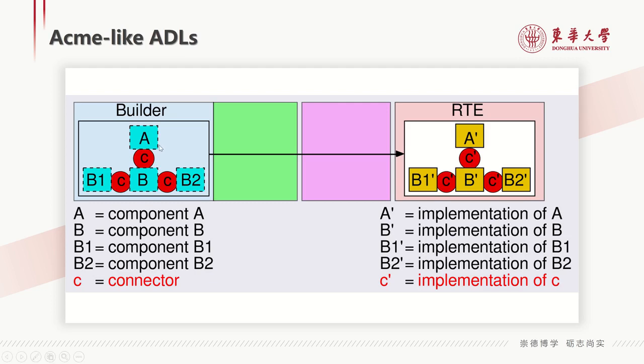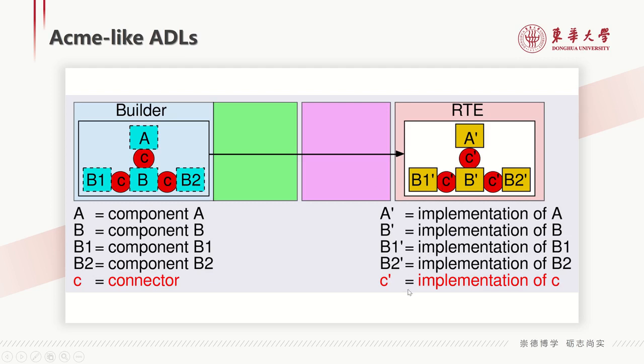After we design the system in the builder, we directly send it into the runtime environment to execute. In the runtime environment, A prime is the implementation of A. B prime is the implementation of B. Similarly, B1 prime and B2 prime are implementations of B1 and B2, respectively.